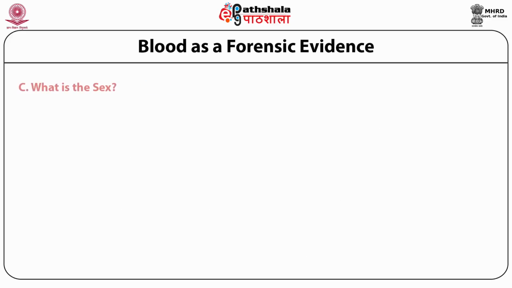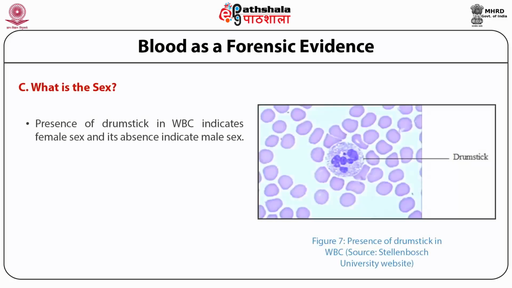Let's try to find out the sex. The presence of a drumstick in WBC, white blood cells, indicates female sex and its absence indicates male sex. In the given figure, we can see the presence of a drumstick in a WBC, so this figure indicates the female sex.